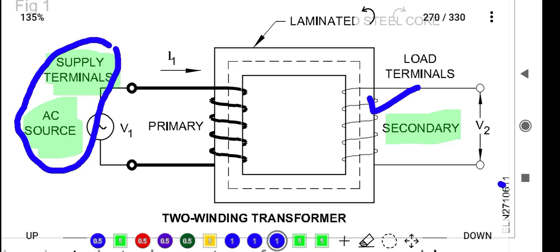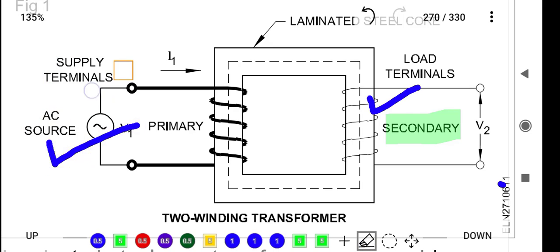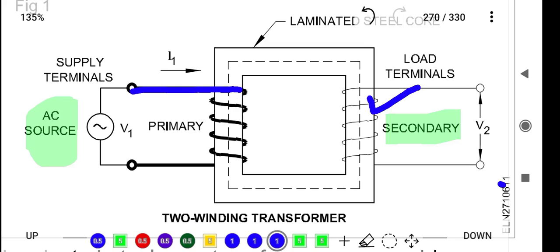Transformer input is AC source. This is very important. So we have given the AC, so the current is flowing into the primary winding.